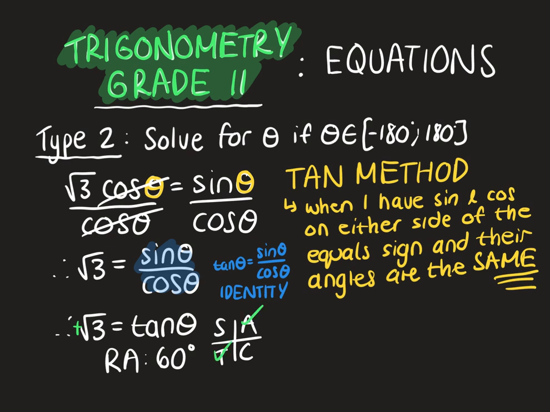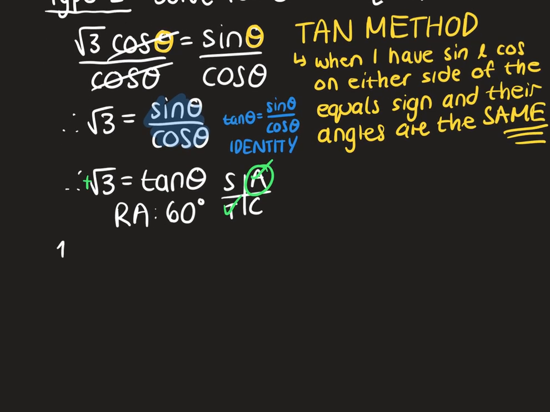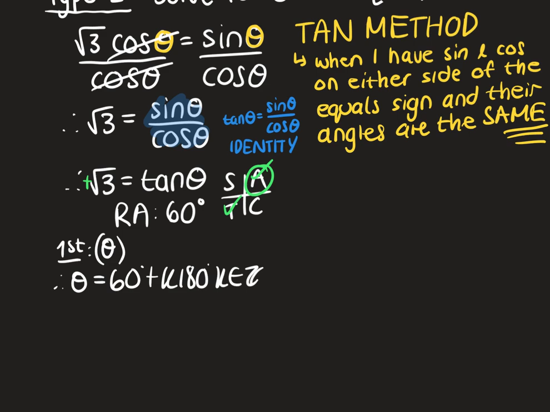But remember, in the previous video, we mentioned that because tan repeats itself every 180 degrees, we only need to do the first quadrant in this case. So then we're going to say, cool, first quadrant, so theta equals 60 degrees plus k180, k is an element of integers. That is my general solution for this question.